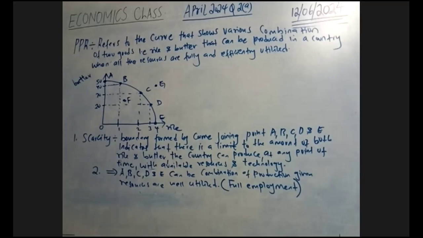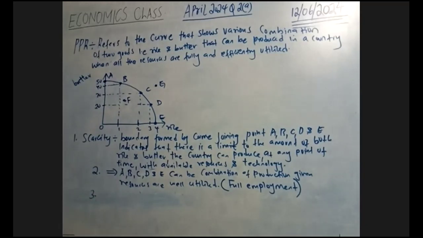So with the amount of resources given, we can produce at any point in A, B, C, D, and E. That one is full employment. We are utilizing our resources effectively, and therefore we don't have anything left behind. So we are fully utilizing our resources. So that is full employment. That is number 2.